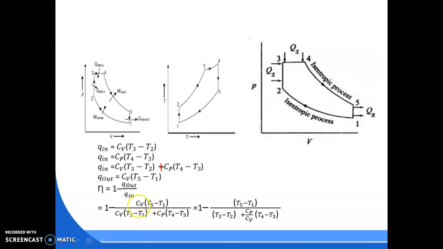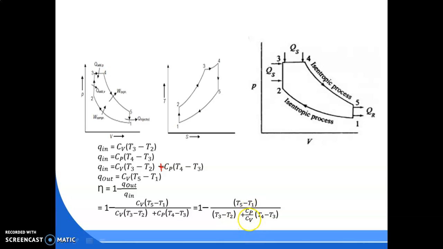So, 1 minus, if I rearrange this, the Cv will be divided here. So Cv by Cv is 1, and Cp by Cv for the second term. So what we got: 1 minus (T5 minus T1) divided by (T3 minus T2) plus Cp by Cv into (T4 minus T3).